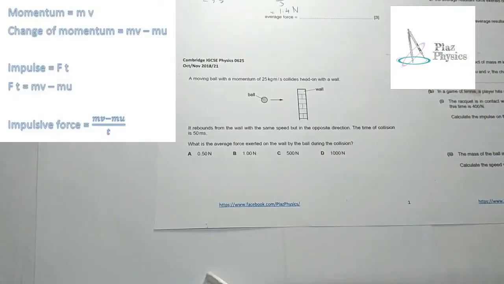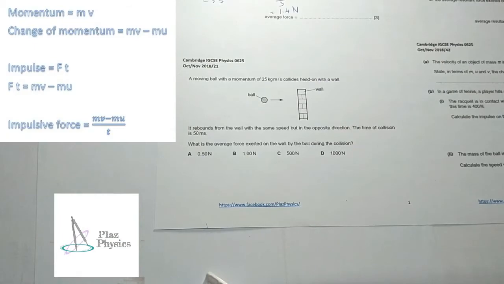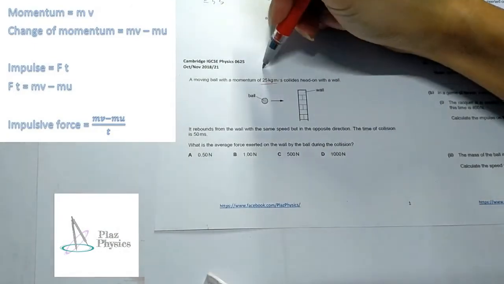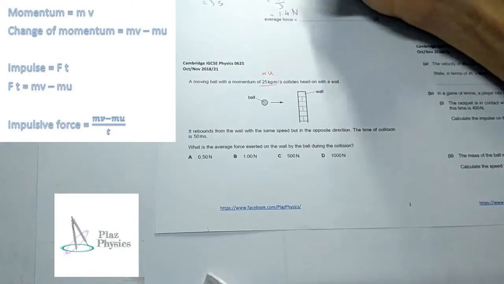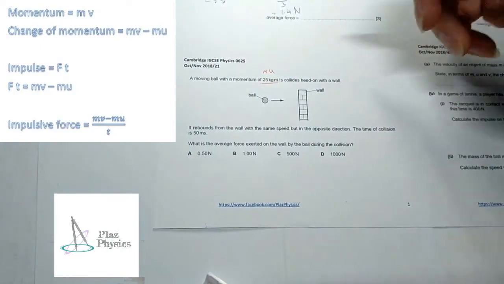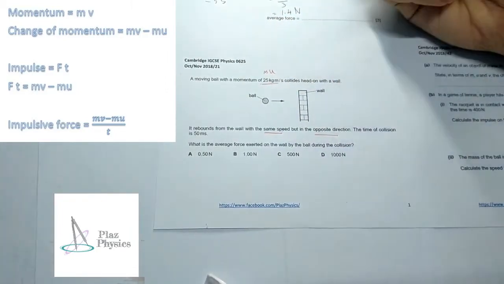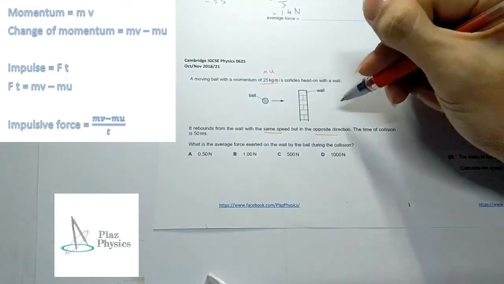Okay, now we look at the multiple choice question. You see the momentum. Actually, this one is before, mu. Now the question says after rebound, you have the same speed in the opposite direction. So this one is mv.